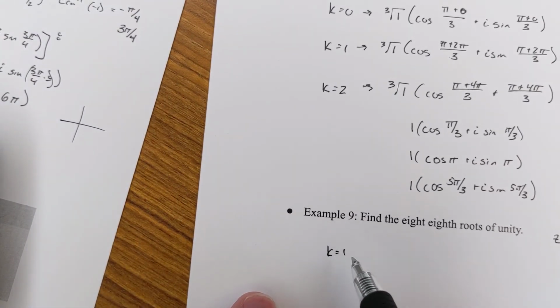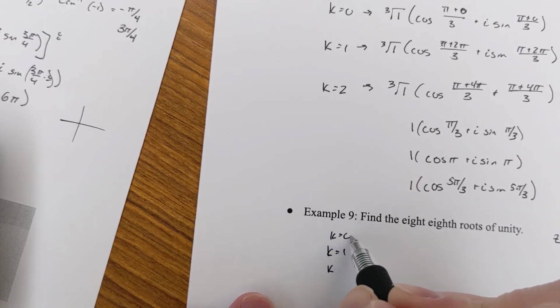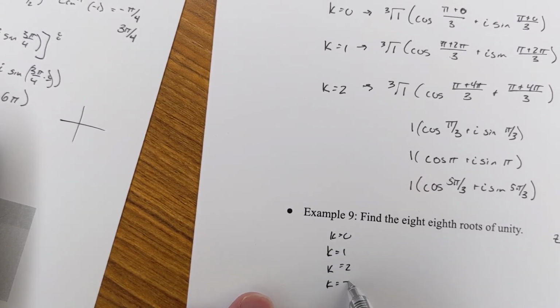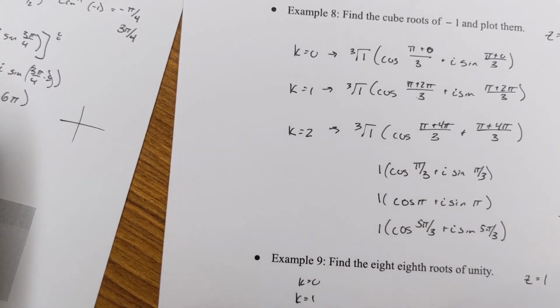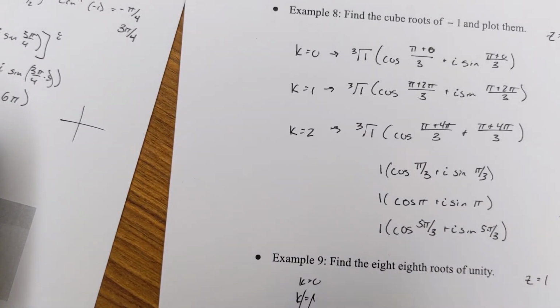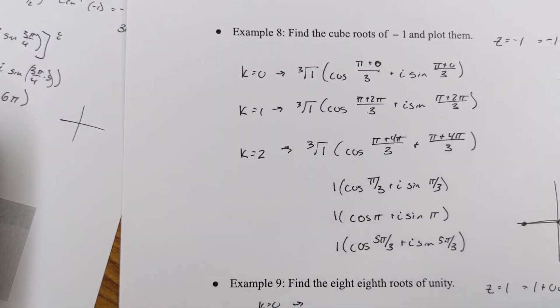So k equals 0, 1, 2, so on and so forth. So when k is 0, actually we're going to kind of cheat this. When k is 0, it's going to be 1 out front because the 8th root of 1 is 1. And then it's going to be cosine 0 plus 0 over 8 plus I sine 0 plus 0 over 8.